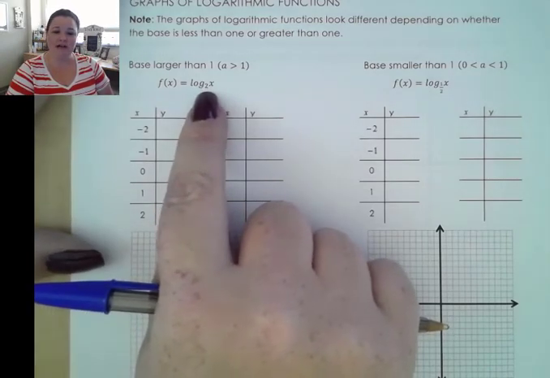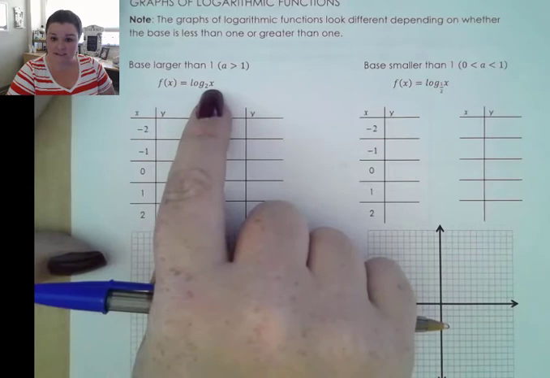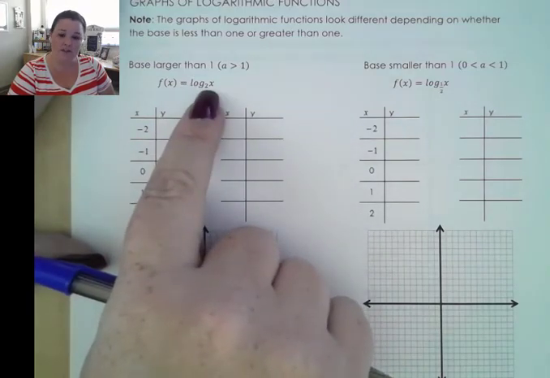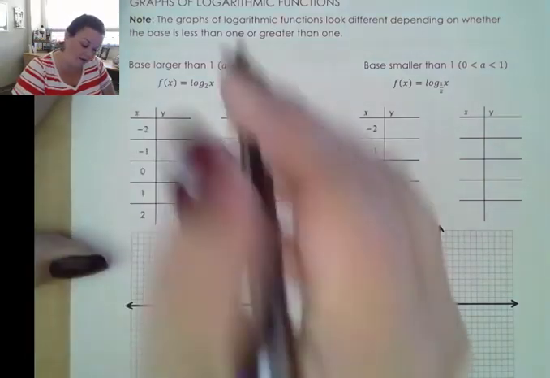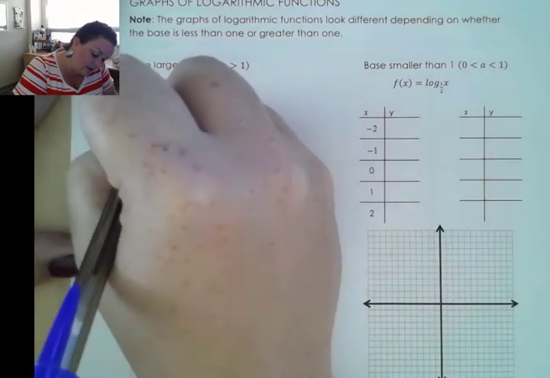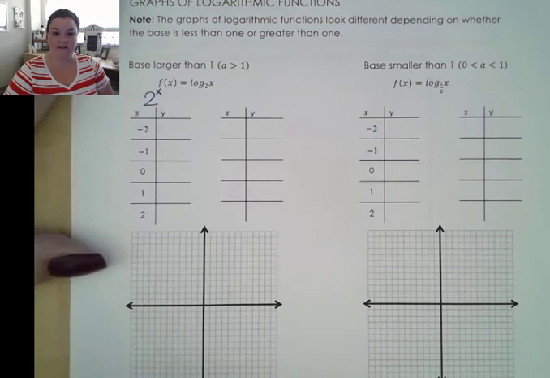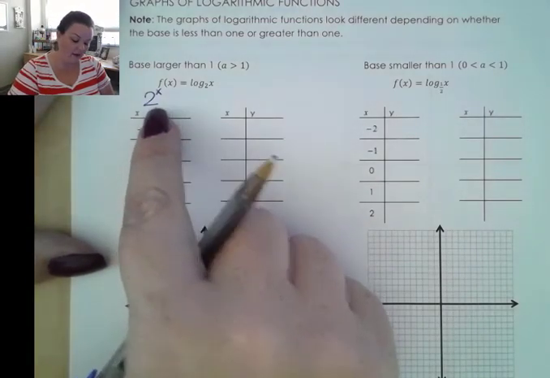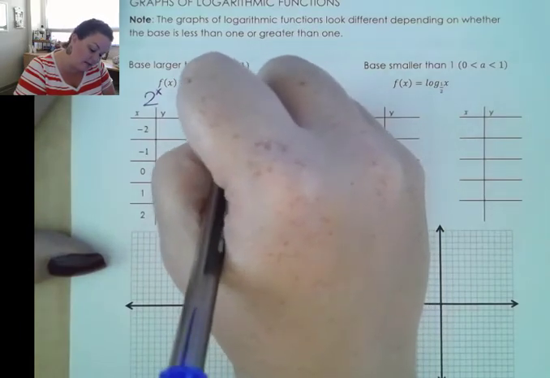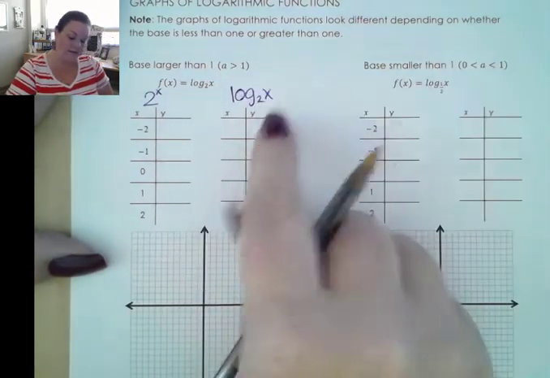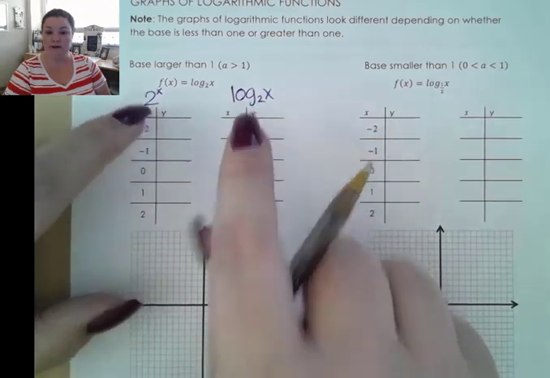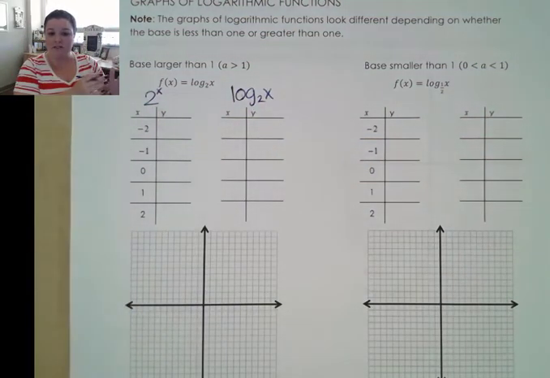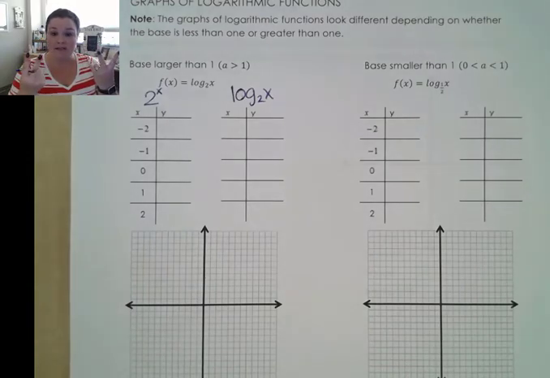So what I'm going to do is start by graphing the exponential form of this. So notice if this is log base 2, the inverse of that would be exponential base 2 to the x, right? And the reason I'm going to start with the exponential is because if I know that the exponential 2 to the x is the inverse of log base 2 of x, remember when we talked about inverses, all we have to do to go from a function to its inverse is swap all our x's and y's.